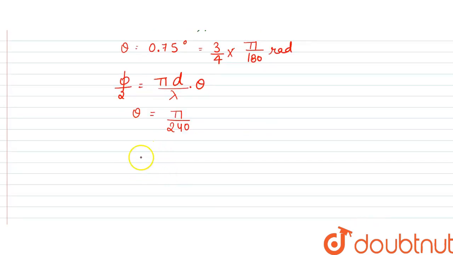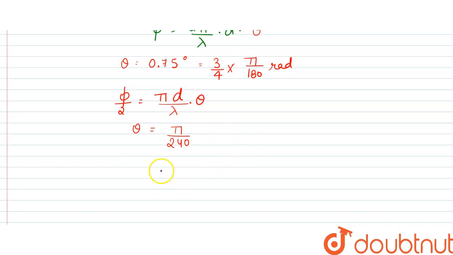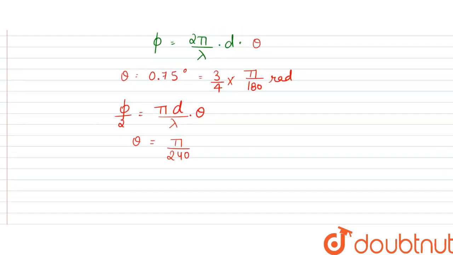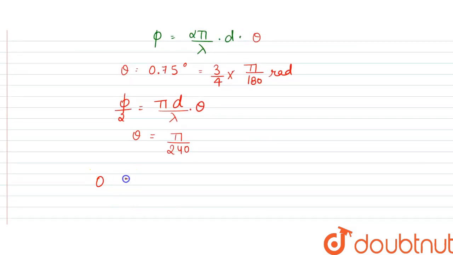Now we can substitute this value of theta in this equation. So I relative is 0, that is equal to cos square of pi d by 520 into 10 to the power minus 9 into pi by 240.